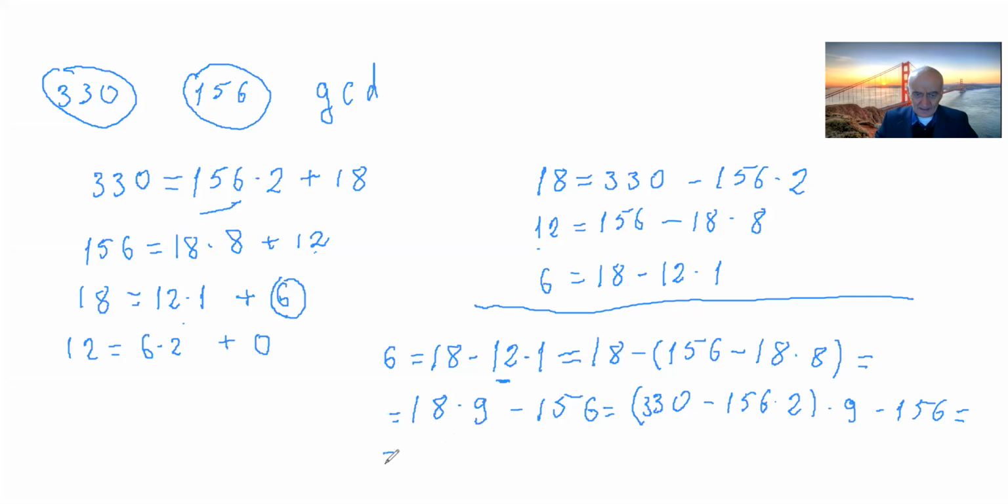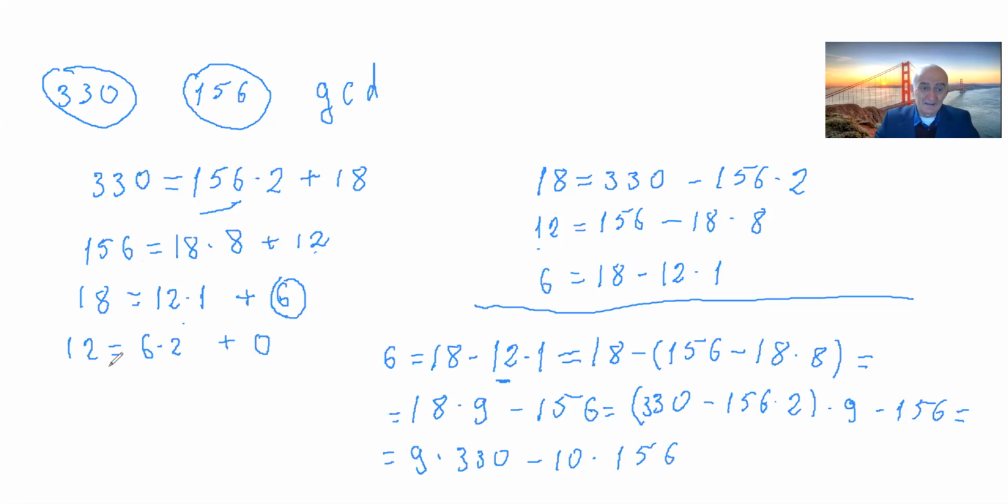And if we simplify this expression, it's going to be 9 times 330 minus 10 times 156. And this is a linear combination.